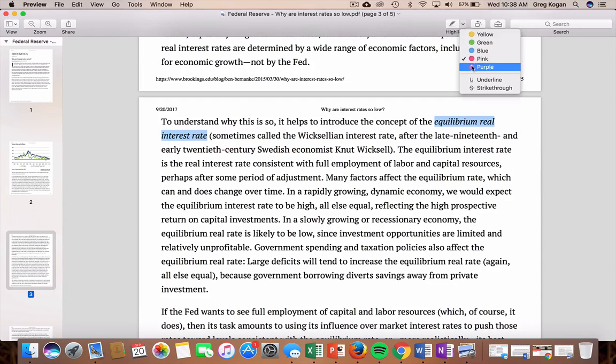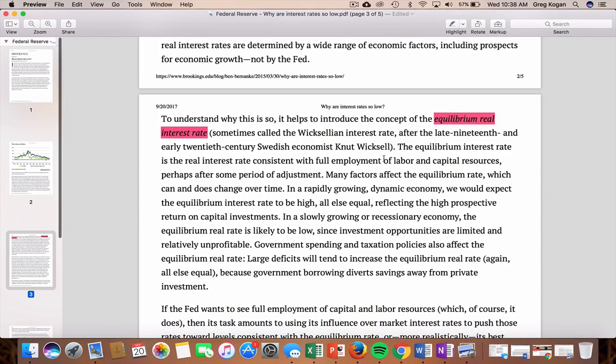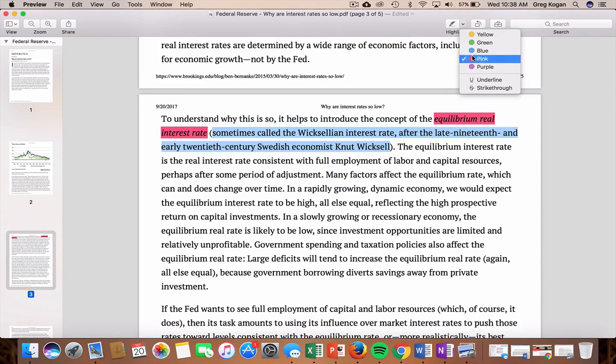And this is something that I want you guys to look at. This is basically the supply and demand of capital and projects. And this is called the Wicksellian interest rate. It comes from an economist from the late 19th century.